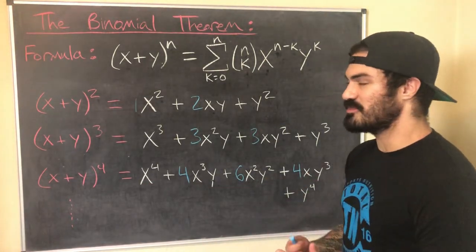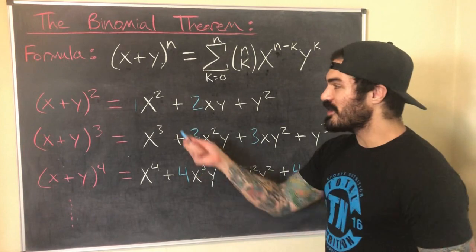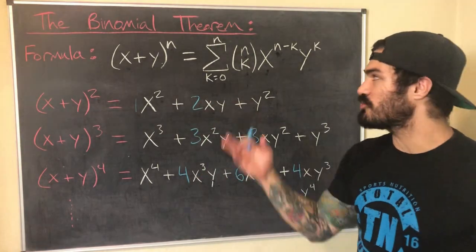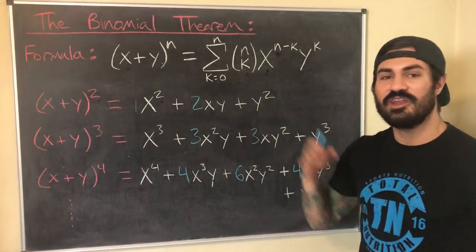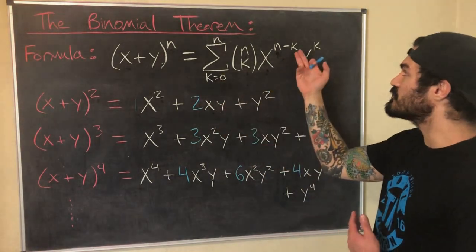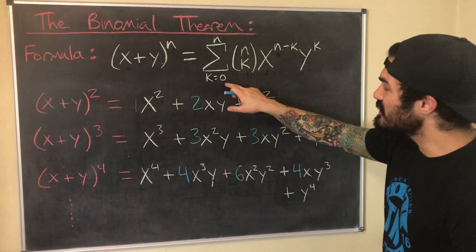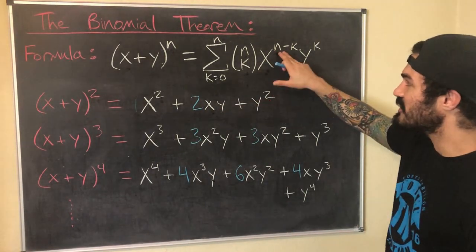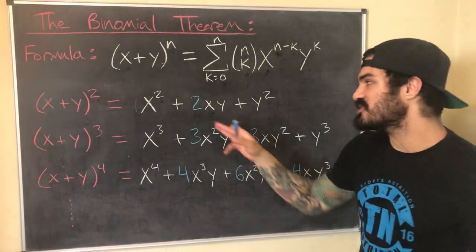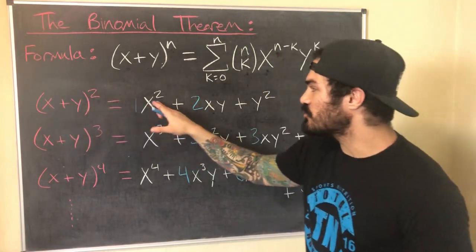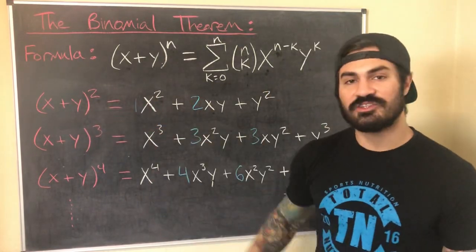The next pattern, and really the last one I want to point out, has to do with these exponents, and this comes directly just from the formula. Since we're iterating by k, we start with k equals 0, we go up to 1, 2, etc. until we get to n. So that means that our first term is always going to be x to the n minus 0, which is just x to the n, right? So x squared, x cubed, x to the fourth.